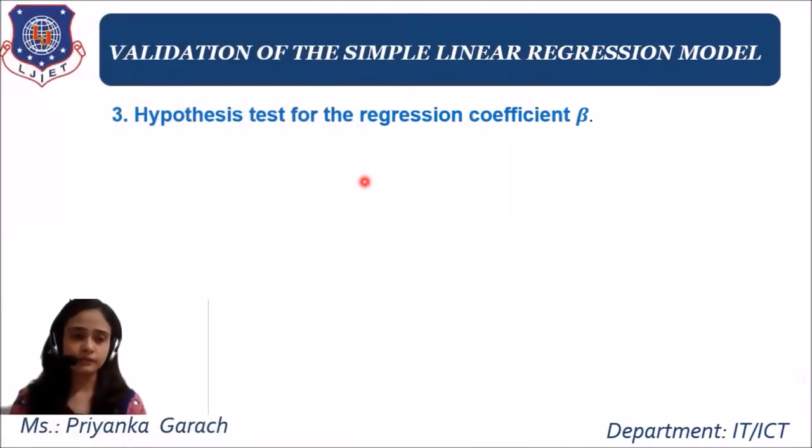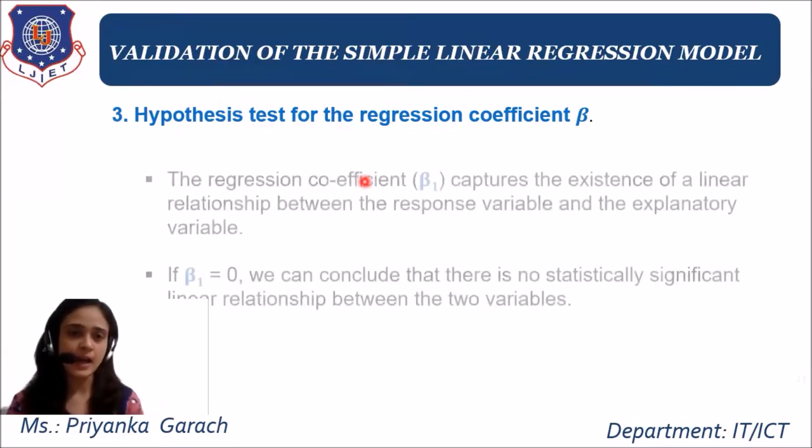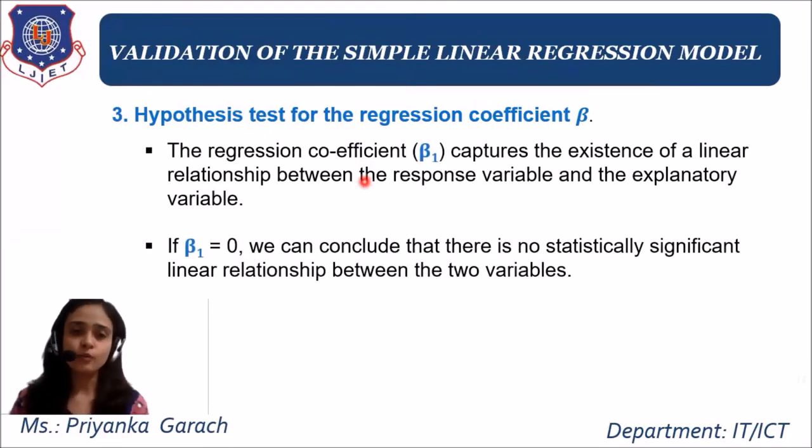The third type of test that you can perform, to check whether your model is a good fit or an average one, is the hypothesis test. What the hypothesis test is telling is, suppose the regression coefficient beta 1 captures the existence of a linear relationship between the response variable and the explanatory variable.